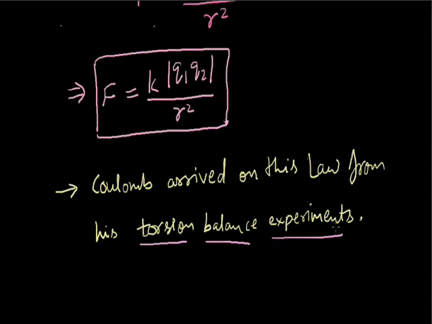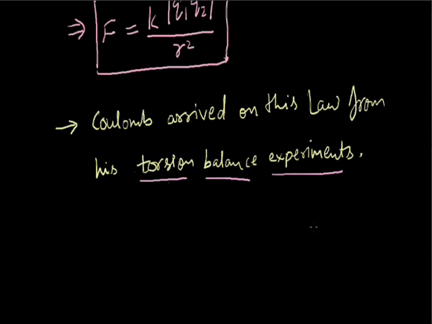Now, the other way around, Coulomb's law can be used to give a definition for a unit charge. We can easily derive that particular definition. Now, what is the value of K? K can be written as 1 upon 4 pi epsilon naught, where epsilon naught is the permittivity of free space.